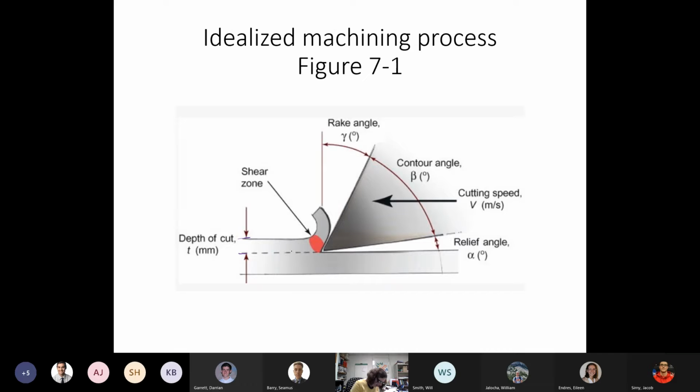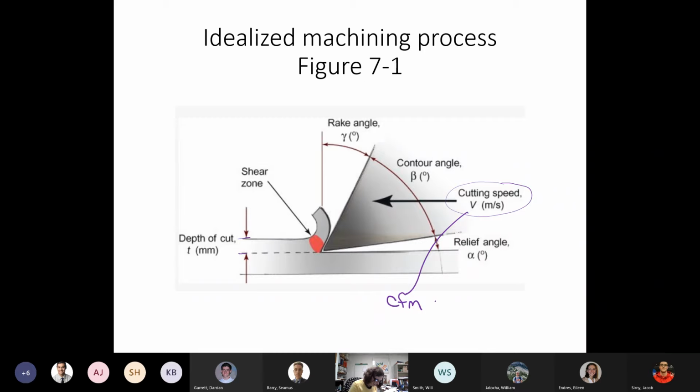We have the depth of cut, which is the thickness of material that's going to be removed. We have the cutting speed, and we'll notice that that is a capital V, and it's in meters per second. Sometimes we call this CFM, which would be cubic feet per minute.